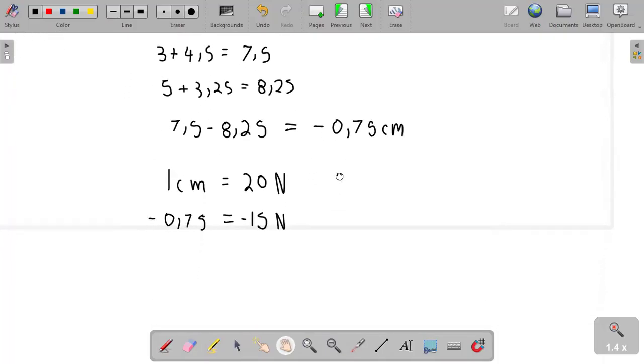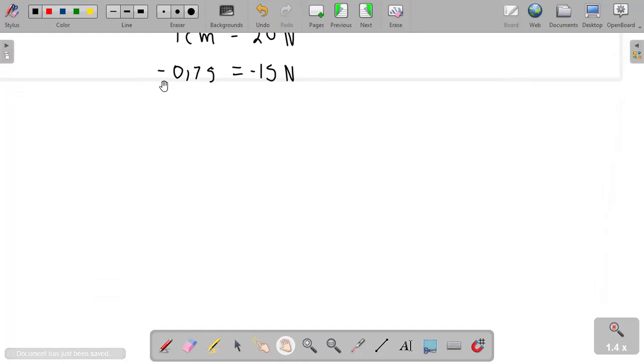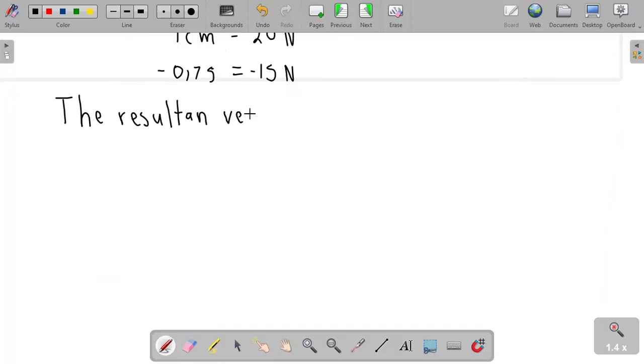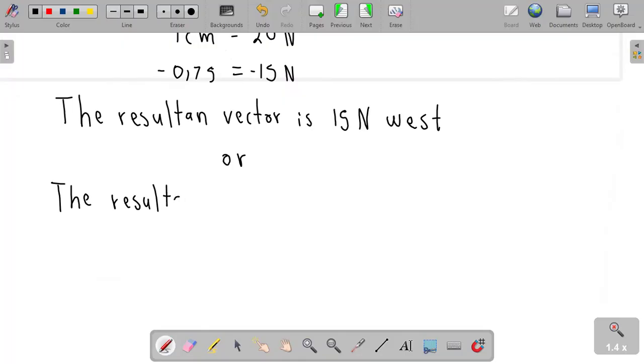So the resultant vector here is 15 newtons west, or you can say the resultant vector is 15 newtons to the left.